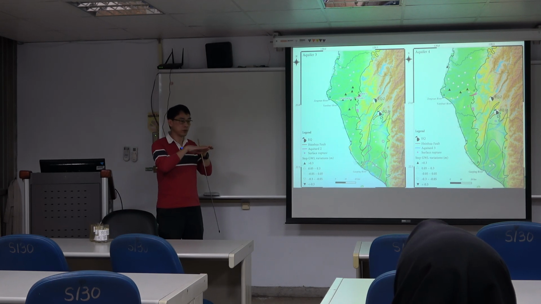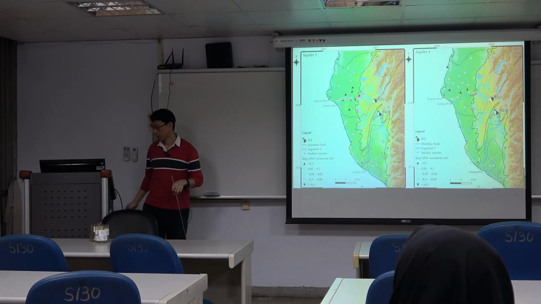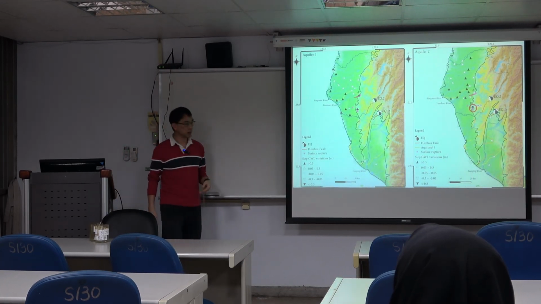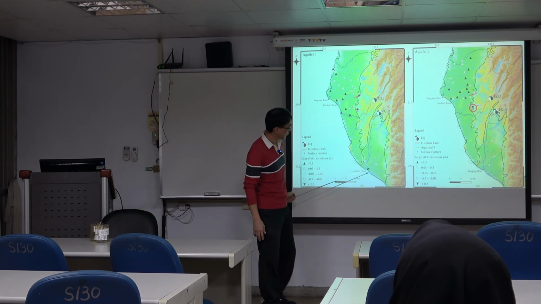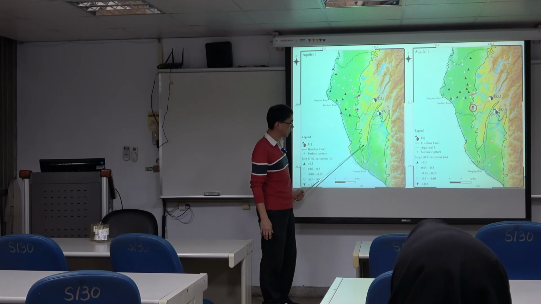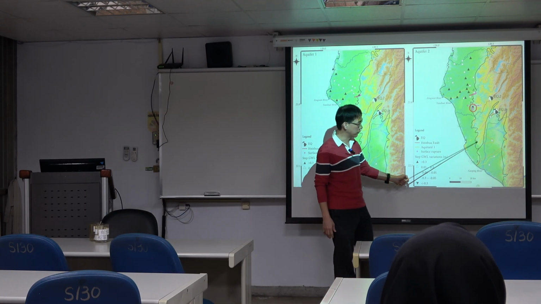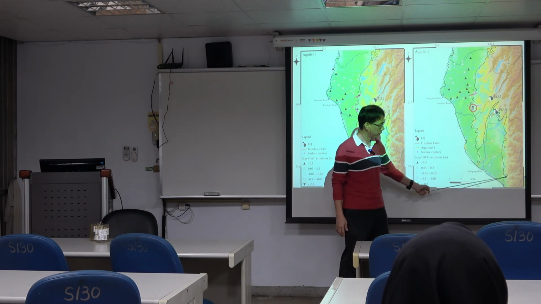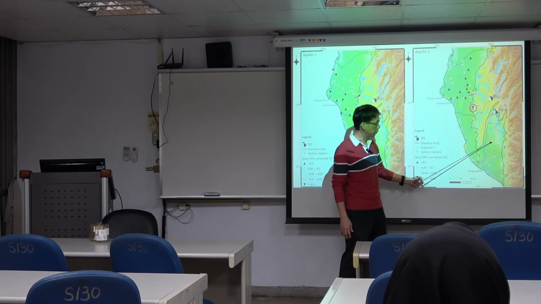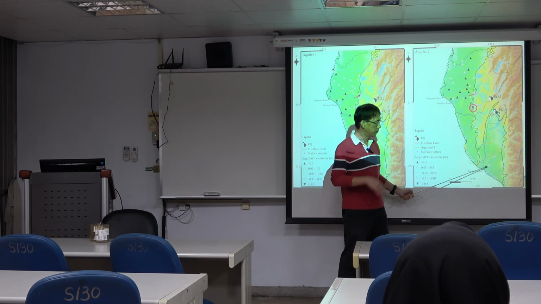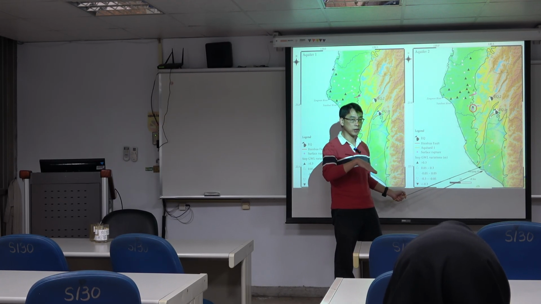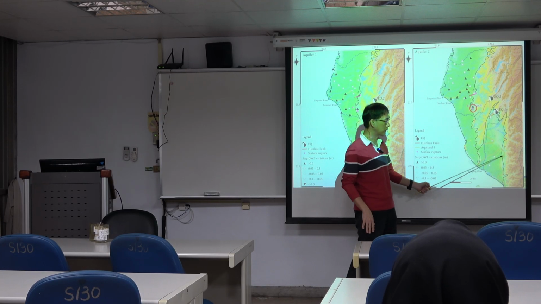But the clay is not uniformly distributed, so some places have clay and some places do not. So they look like this pattern. In the first aquifer, we do not have clay above, but in this area we have clay above here and here. So the response of the groundwater level seems to be below the clay material. But not always, but it looks like they have this kind of pattern.